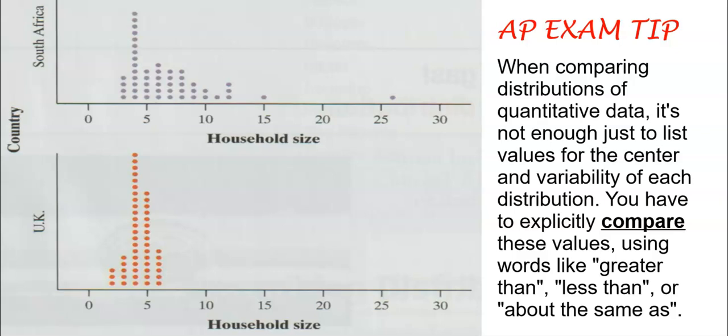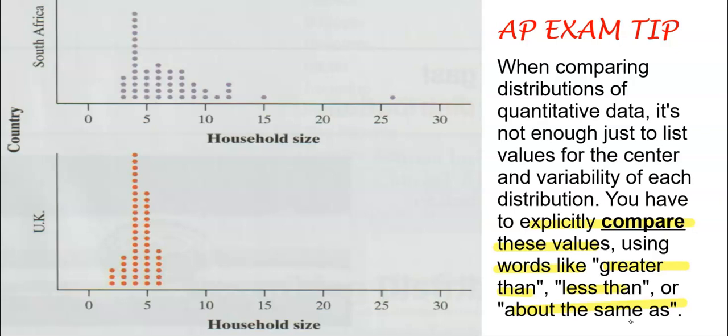So a pro tip: if I'm comparing distributions of quantitative variables, don't just describe. A lot of people will describe the distributions independently of each other. They'll describe the South African distribution, then they'll describe the UK distribution. I don't want you to just describe each distribution. I need you to explicitly compare these values. So you have to use words like greater than, less than, about the same as.